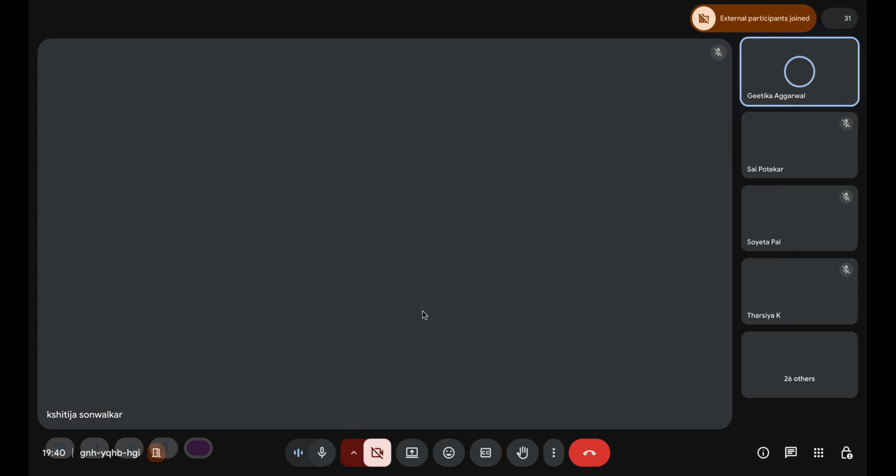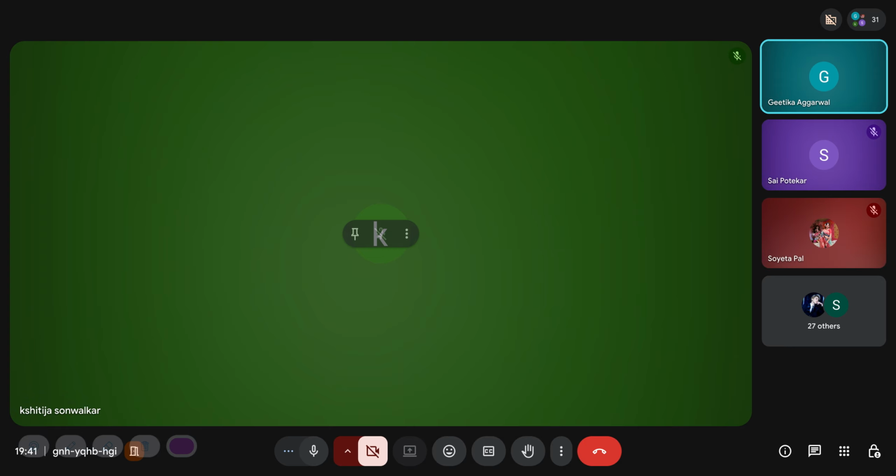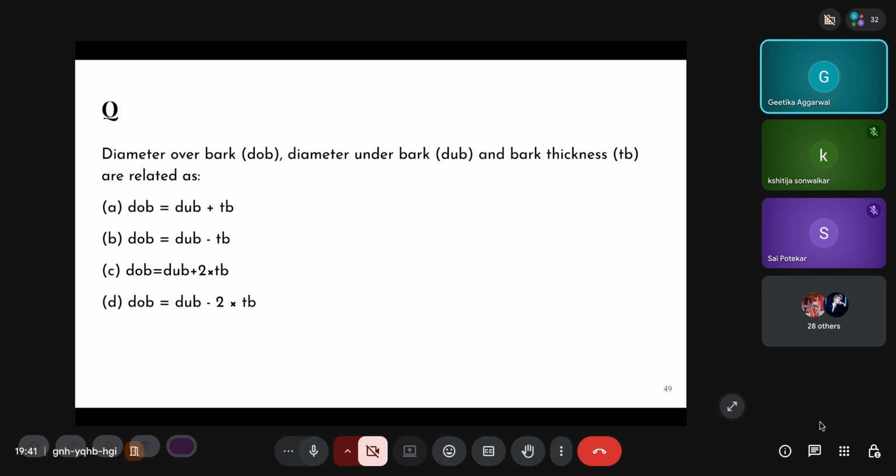Sorry about the network connection. Am I audible? And is my screen visible?